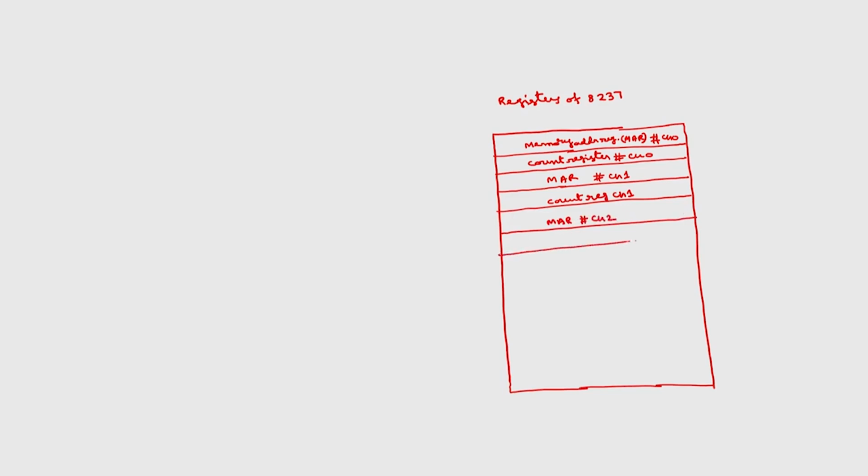And count register of channel 2, MAR of channel 3, count register of channel 3, so total 8 locations. So, I will generate the addresses by using the interfacing circuitry. So, I will write here the corresponding address.